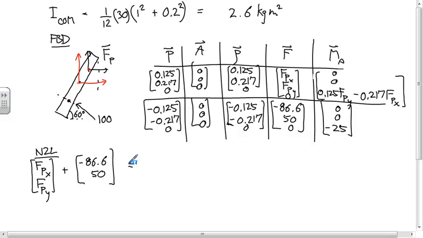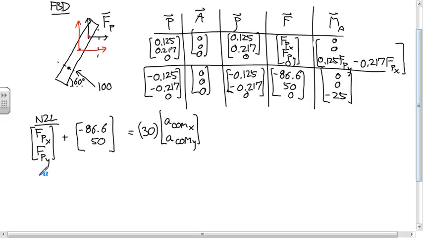Now more variables come up. It's equal to the mass times an unknown acceleration of the center of mass. So 30 kilograms times a_COM x, a_COM y.